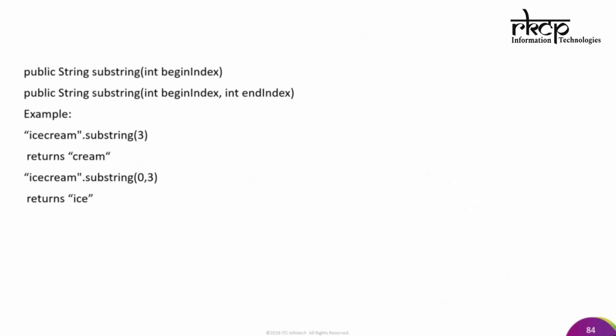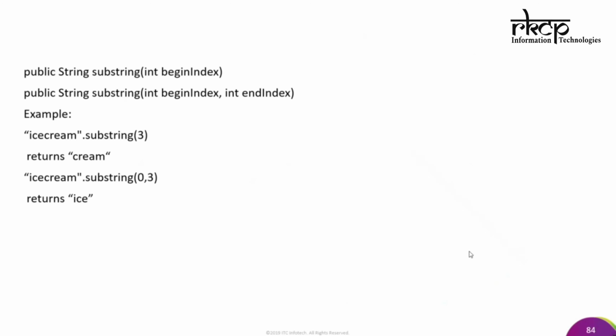In this example, there is the substring method of your string. With the help of substring, you can get a substring from one position to another position, or from one index to the last. Any string can be divided with indexes like 0, 1, 2, 3, 4.